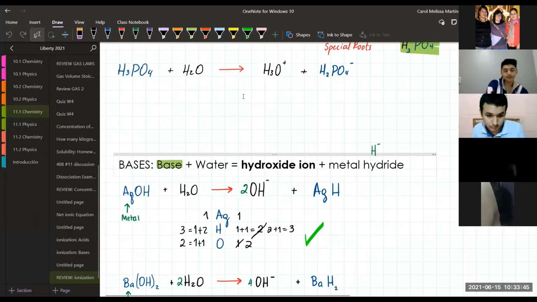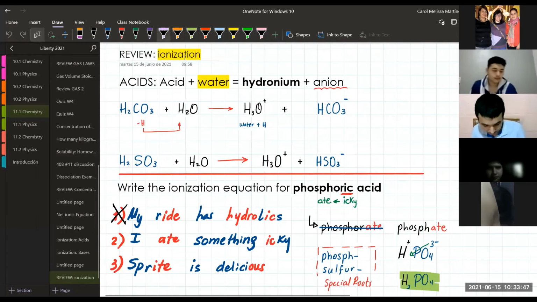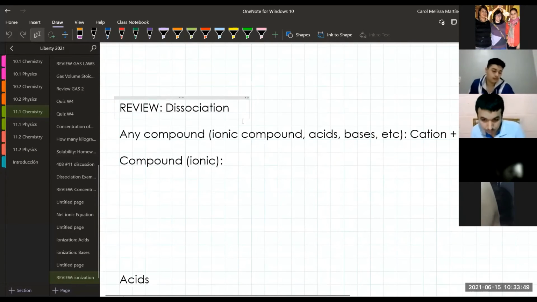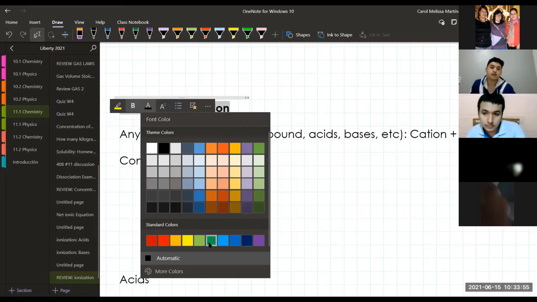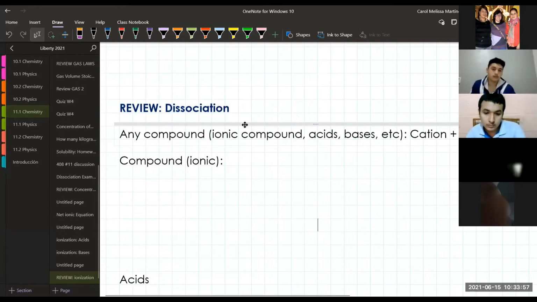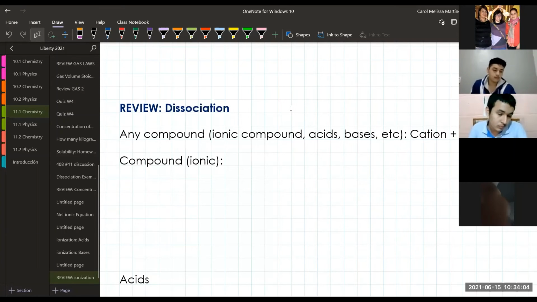Now, what is the difference between ionization and dissociation? In dissociation, what we have is any compound, could be ionic, acid, a base, okay? It's going to split into its cation and anion.